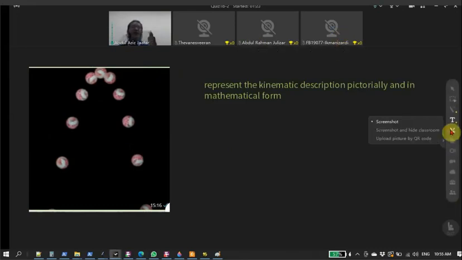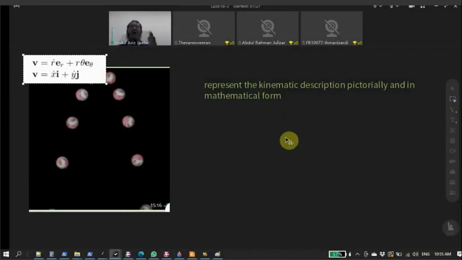And then we have in mathematical form for velocity vectors, it can be written in this format.